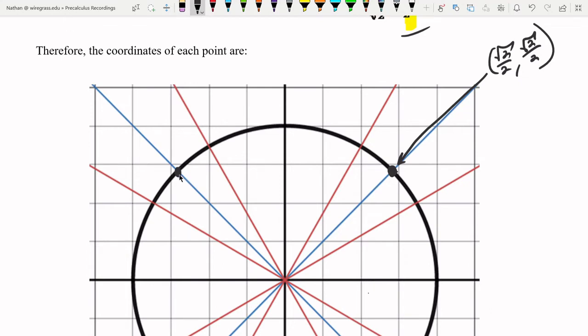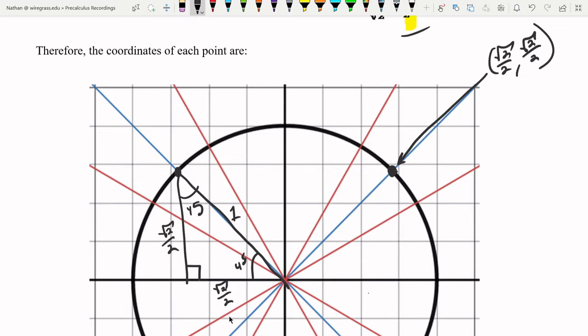So this one is once again a 45, 45, 90, right? This is 45, this is 45, or, you know, pi over 4, pi over 4, pi over 2 triangle. This has to be 1, which means these have to be root 2 over 2, root 2 over 2.